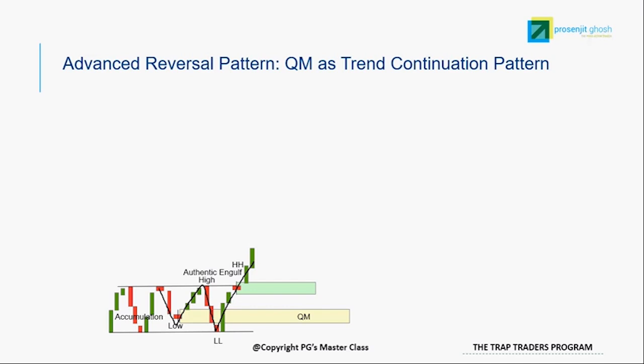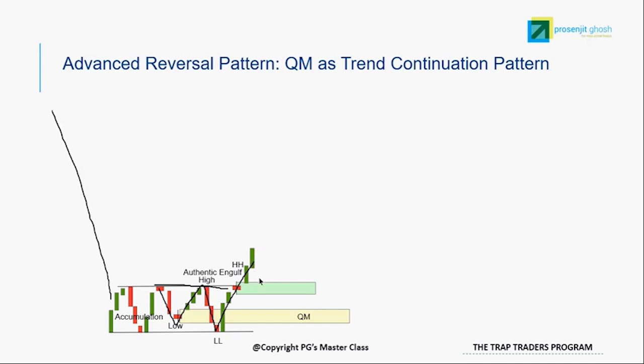And if it forms inside our distribution, it tells you that the supply is more than the demand, because the second engulf here, that is the engulf of the resistance, is what shows you the direction of the trend.